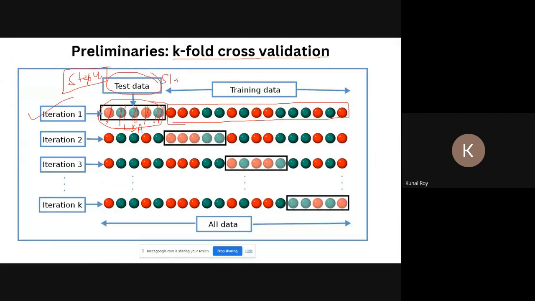After this data is tested, just like I am sliding the window, in the second iteration I will implement the LDA approach. Right now this test data is coming here. This is already tested, this is already tested. Next, the same iteration goes on, and at last, the last one is tested.